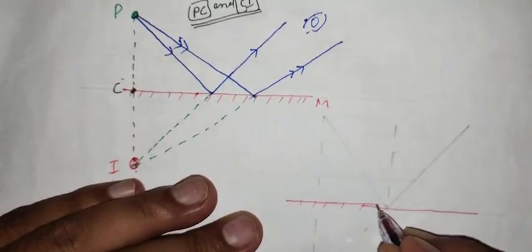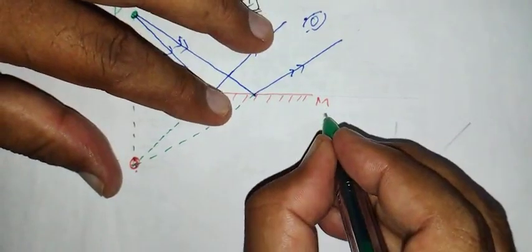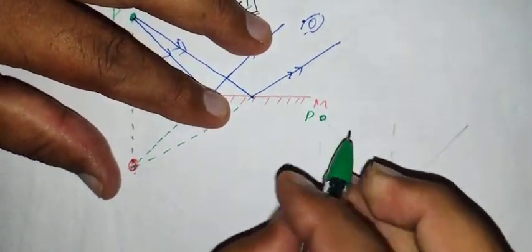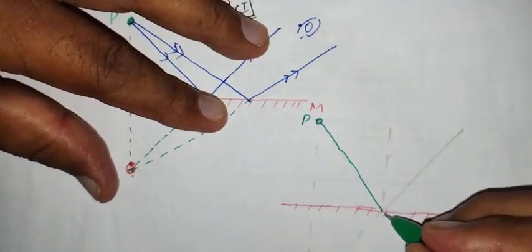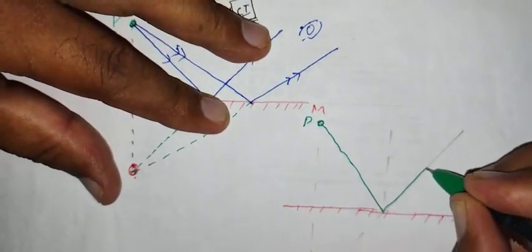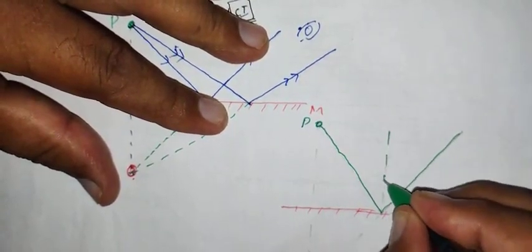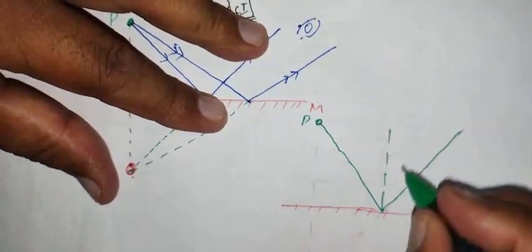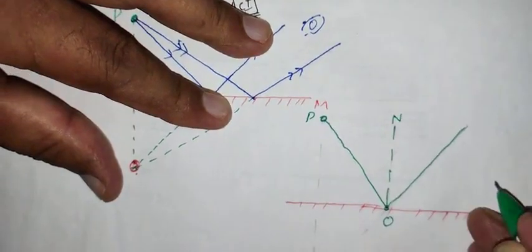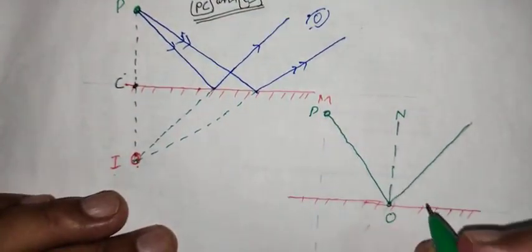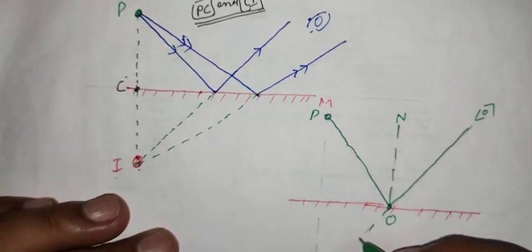This is the position of the plane mirror. Point object P is here. Incident ray, reflected ray, normal, point of incidence O, and observer position moving back.